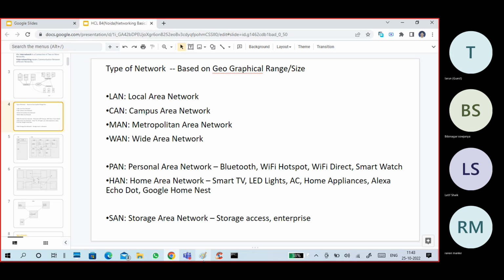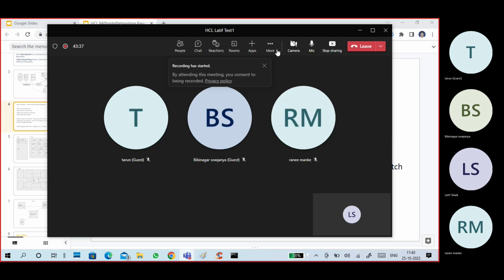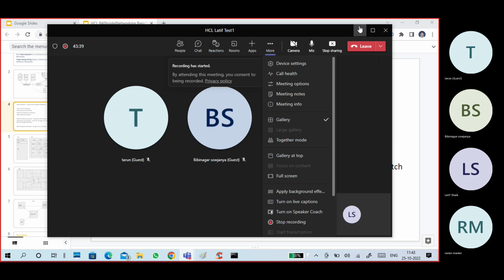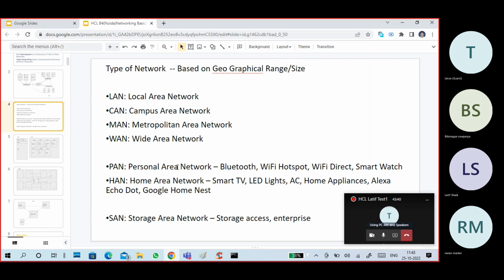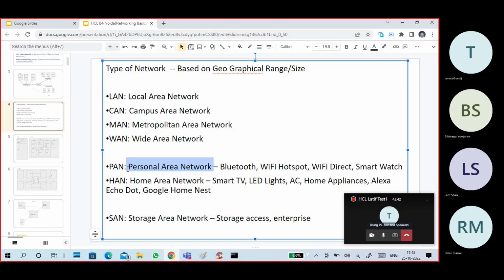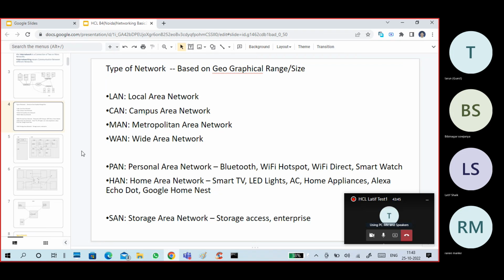Personal area network. What is a personal area network? Like if you are wearing smart watches, smart clothes, smart goggles, like a body area network, personal area network, almost all similar kinds of things come under personal area network.